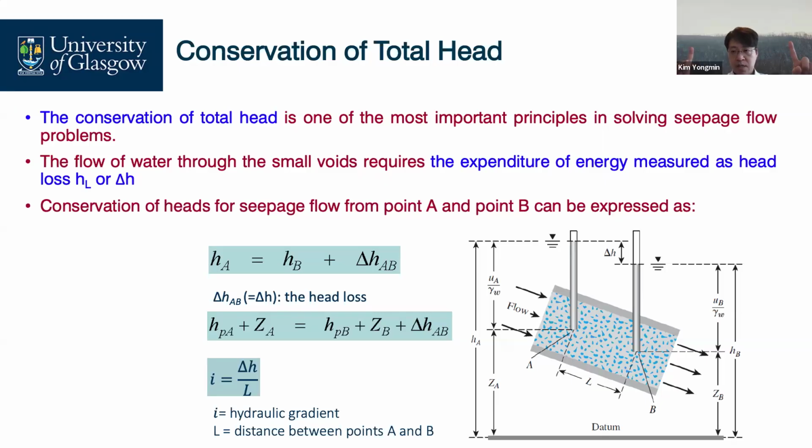We discussed Bernoulli's equation to explain why water flows in the soil. Water flows from higher total head to lower total head. The difference of the total head is the head loss.